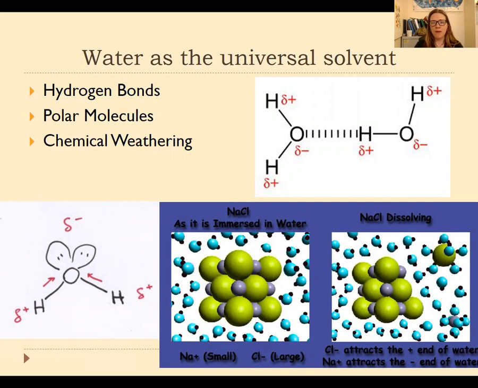And they do this in part because of these hydrogen bonds that they form. So water is considered to be what's called a polar molecule. And what that means is the water molecule, which is H2, 2 hydrogens, and O, 1 oxygen, is formed in such a way that the electrons, the negatively charged electrons that form around the outside of these different atoms, concentrate on one side of the water molecule.